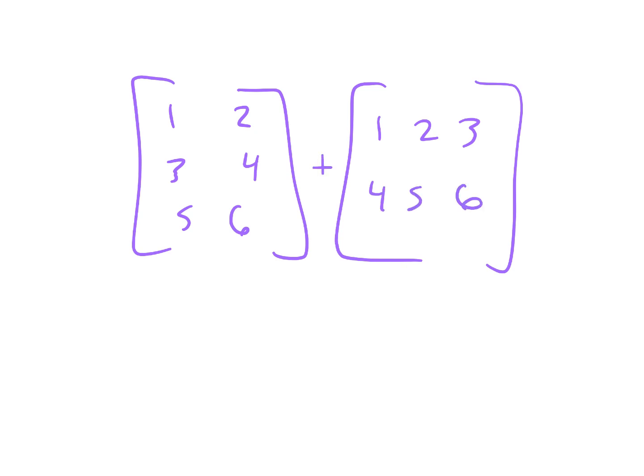How many rows do I have? 3 rows, and how many columns? 2. What about the second one? How many rows do I have? 2 and 3 columns. Are they the same size? Nope. So what's my answer? Undefined. So whenever they're not the same size, your answer would be undefined.